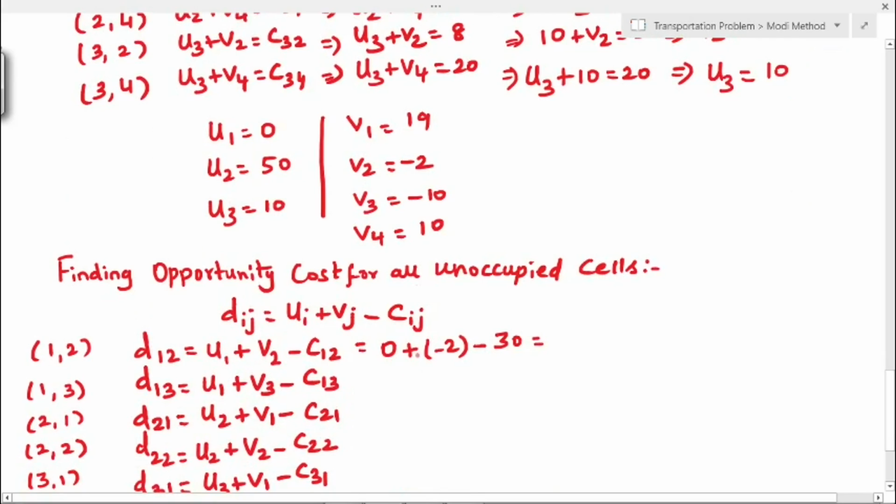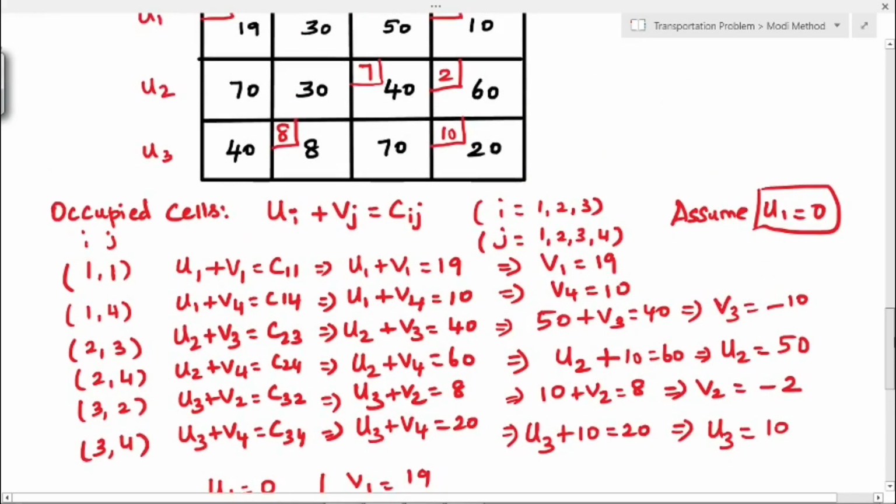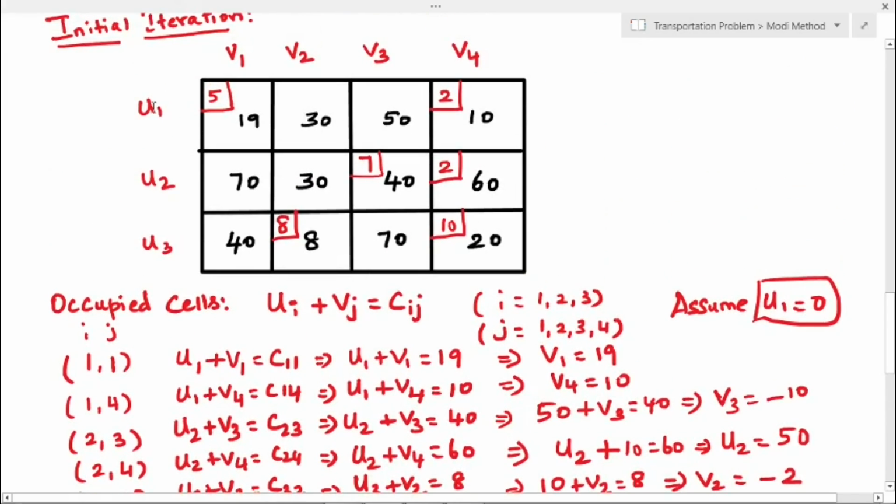Simplify: 0, minus 2, minus 30, so this is minus 32. Next, U1 is 0, V3 is minus 10, minus the C13 value. C13 from the table, first row, third column, is 50.